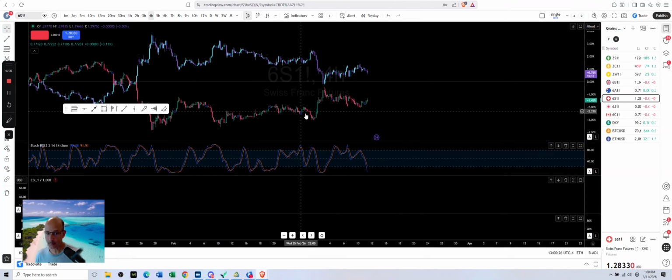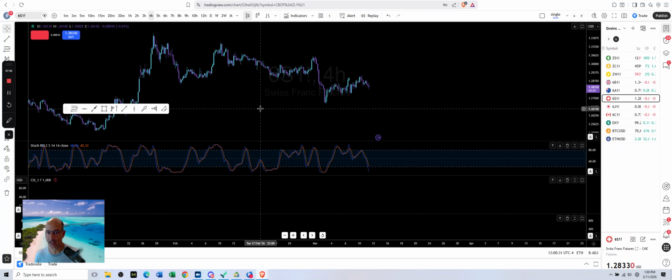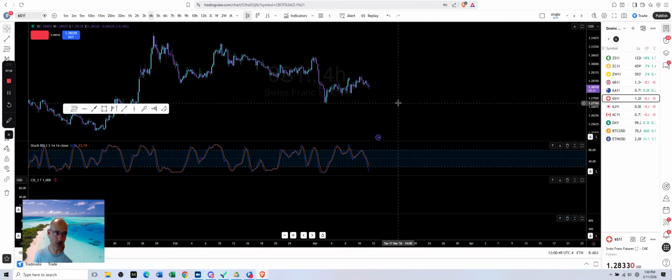So I wanted to point that out, which is another reason why I've scaled this down, because I'm basically using these to also confirm Forex trades. If I'm seeing what I think is a good setup on here and I take it, I will go over to my Forex account and I will probably take the same trade. In this case, it would be the opposite direction because it's Swiss franc.